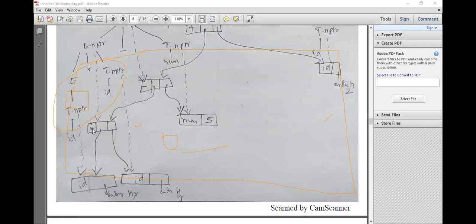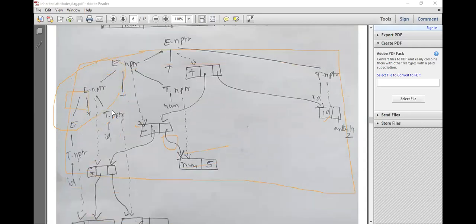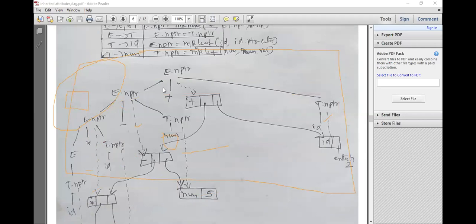Finally, after this left and right pointer, whatever answer you got, also keep it in the ID entry for X and the ID entry for Y. See, X star Y. Before that, where X will be and where Y will be, we come with this production E. You have to remember that.